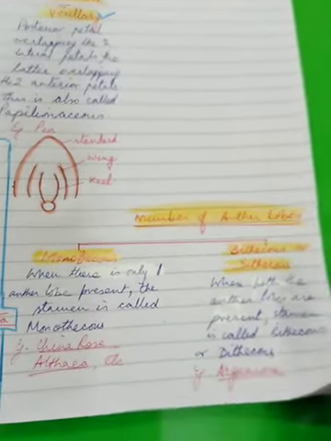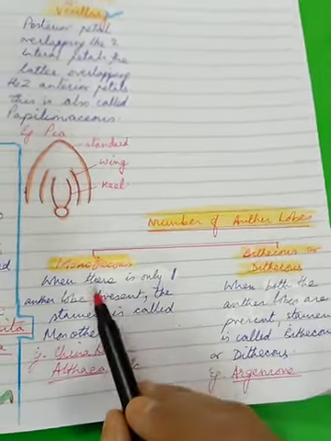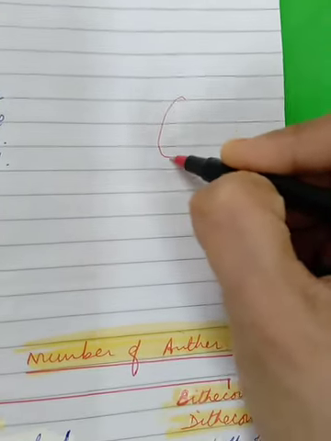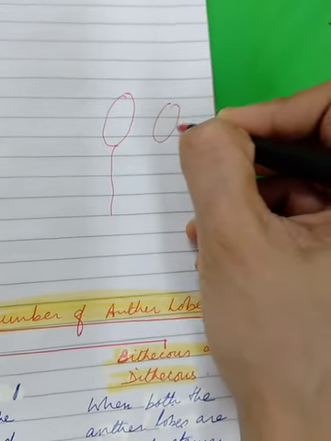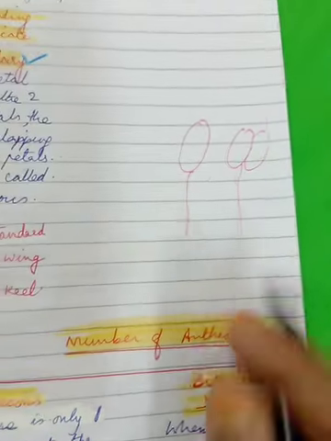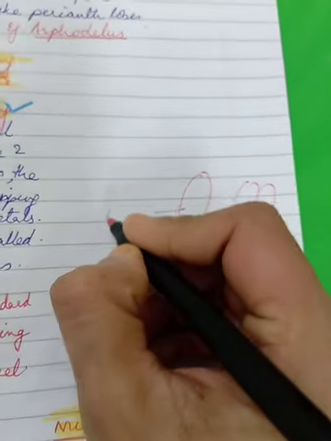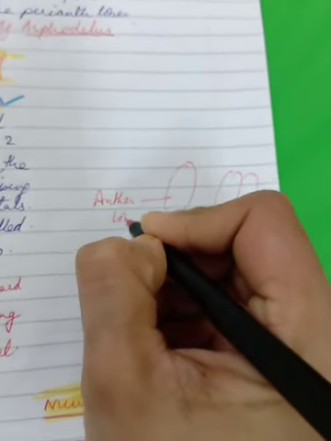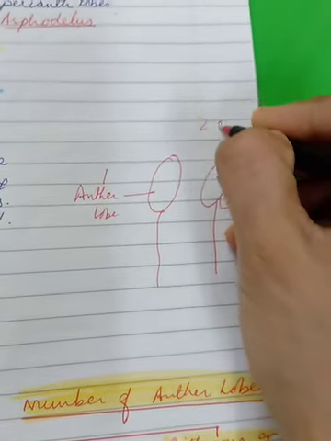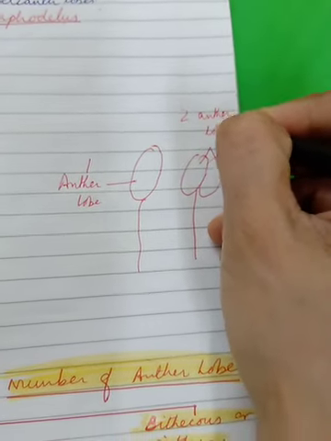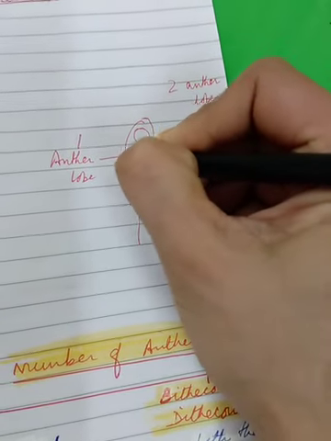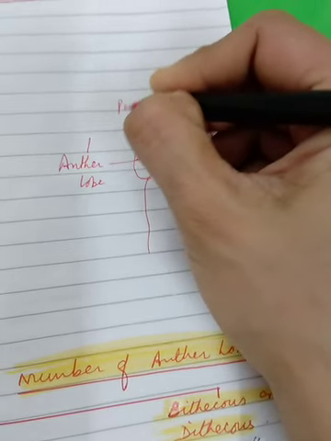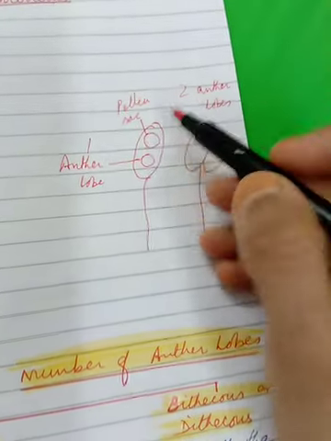And coming to the last topic for today, number of anther lobes. Imagine, suppose this is one stamen, right? And this is another stamen. What is the difference, children? Here, this is one anther lobe, and here there are two anther lobes. In your previous classes you have studied that in one lobe there are two structures called pollen sacs, right?